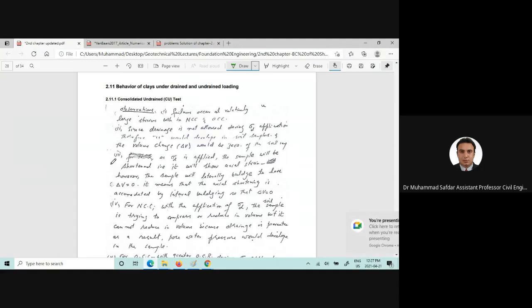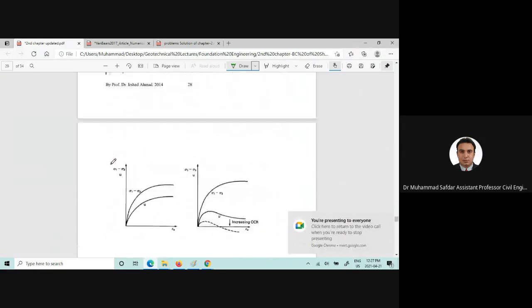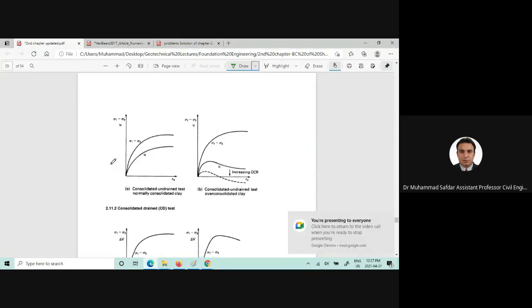Now as Arshad explained, I will add a little bit to these figures which you have already seen during Geotech 2 for the normally consolidated clay situation or for loose sands. If you want to draw the sigma D behavior, which is the deviator stress during the shearing stage of the specimen, and that sigma D we can also write down as sigma 1 minus sigma 3, and this is the axial strain.